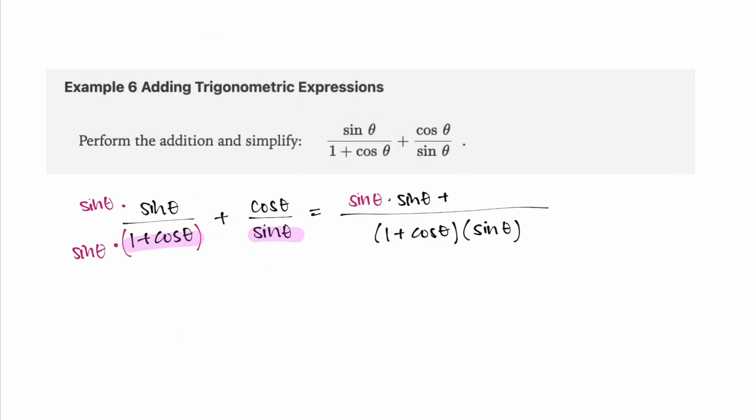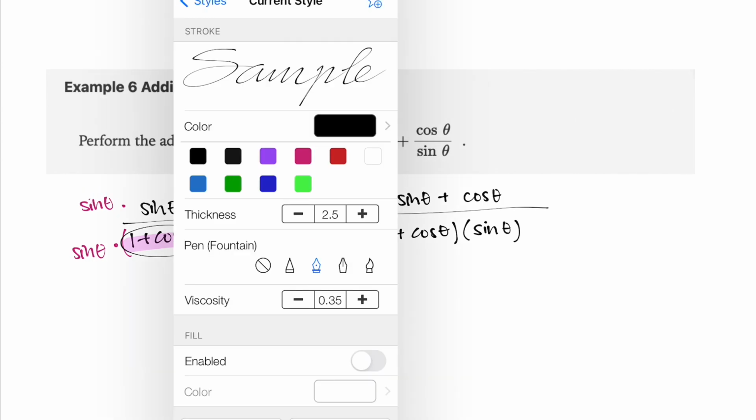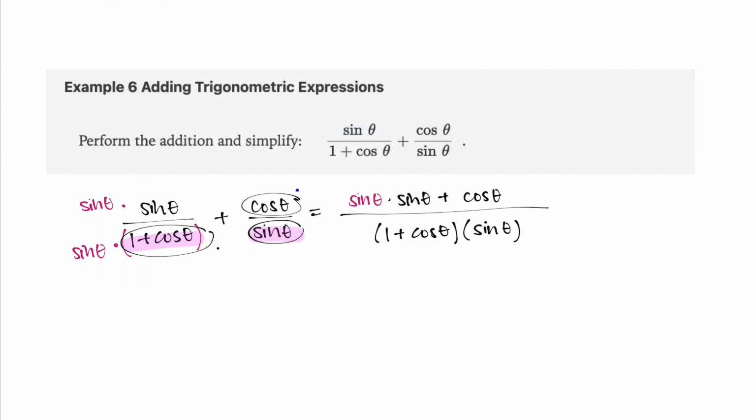plus, now we have cosine theta, but this cosine theta had to be multiplied by this expression here so that the original denominator that it had can now have that additional factor of 1 plus cosine theta. So we're going to multiply this by 1 plus cosine theta here and down here to get the new expression.